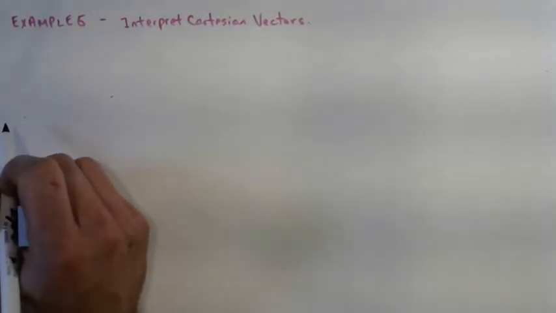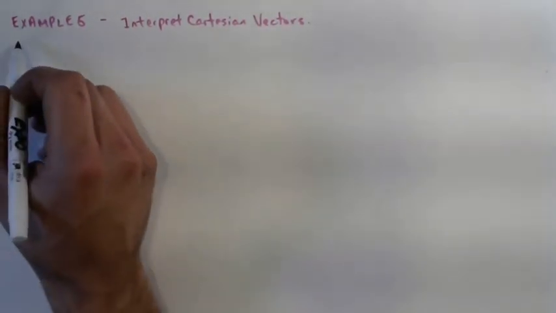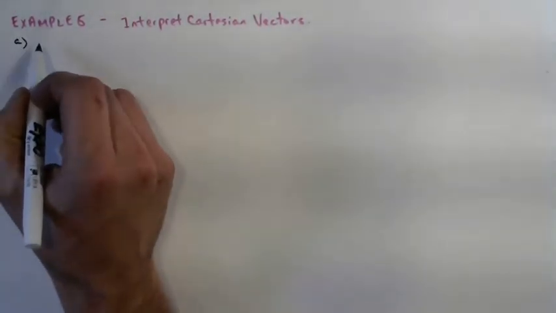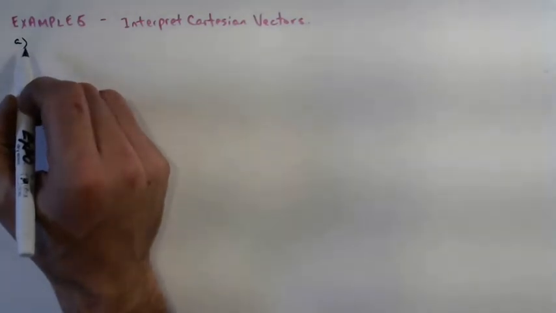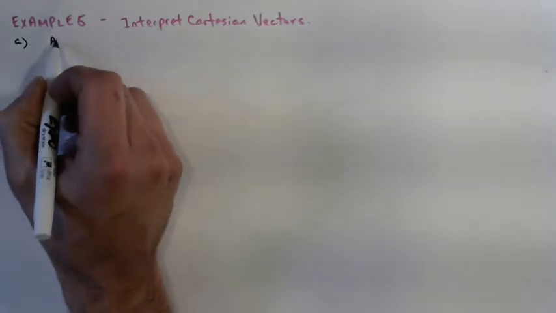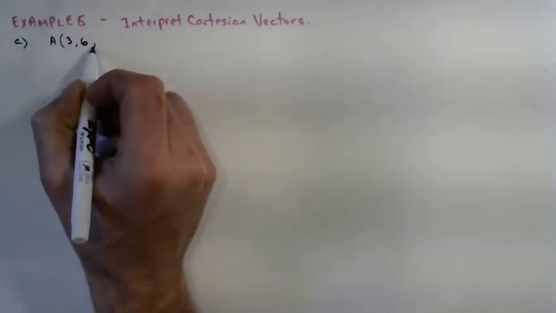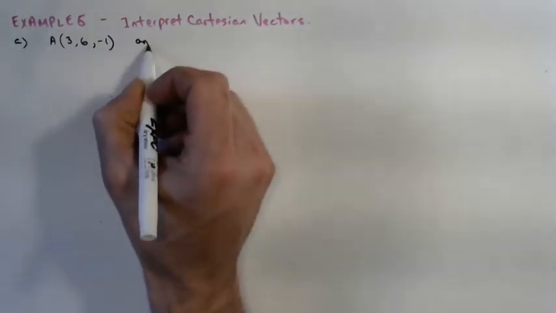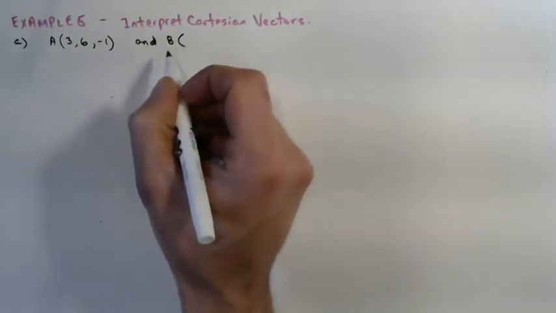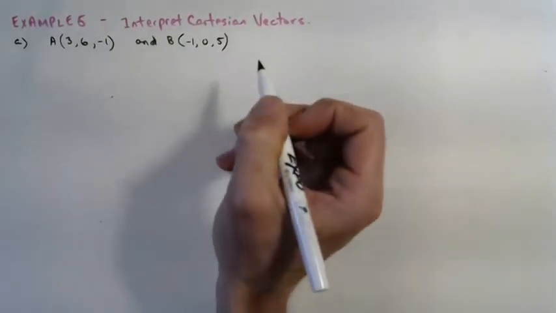Okay, so let's do some more work with our Cartesian vectors so we can express them in different ways. We are in A, there's going to be an A, B, C here. It's not going to take a ton of space, maybe half a page. We are given A, which is a point at 3, 6, -1, and B, which is a point at -1, 0, 5.